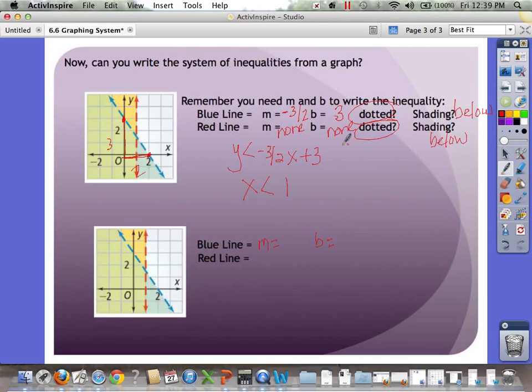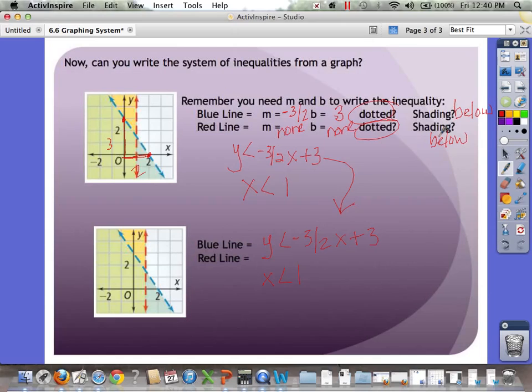Okay, what I did is I just made it right here and gave you the equations. I was thinking it was a different graph altogether, so let me erase this. I just did it already. This would be y less than negative 3 over 2 x plus 3, and the red line would be x less than 1. I forgot I left it in there when I made this. I had it set up so I could write it again so you could see it.